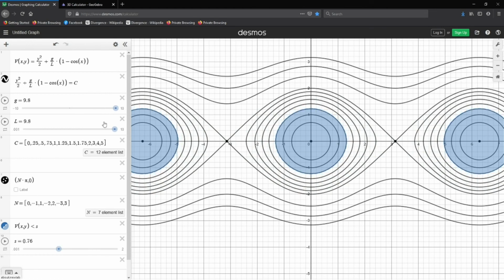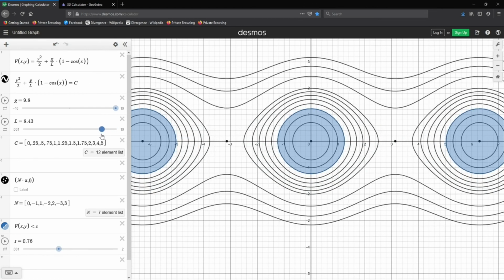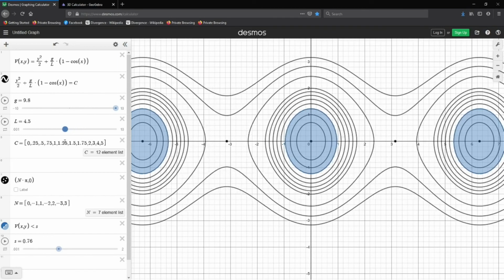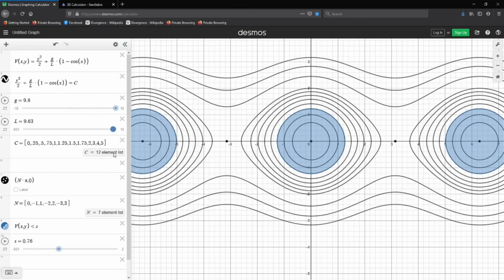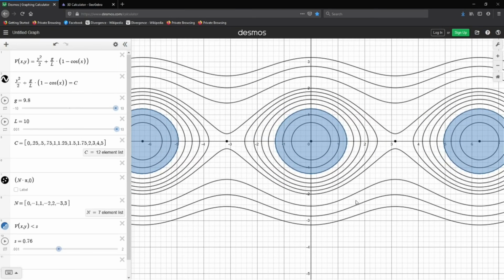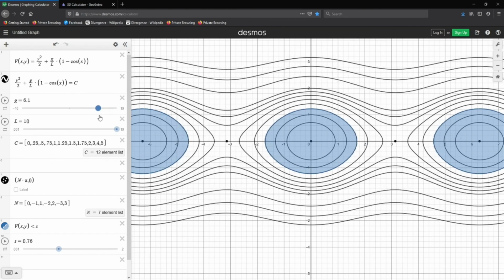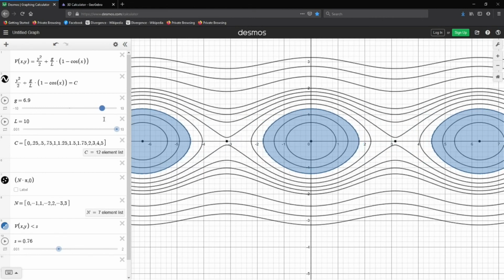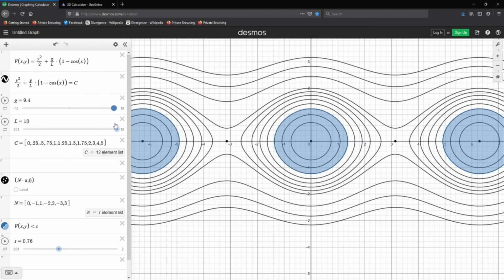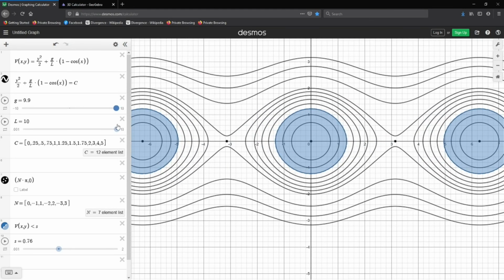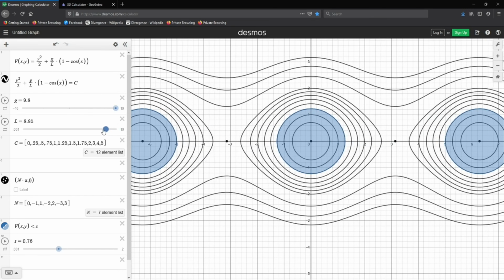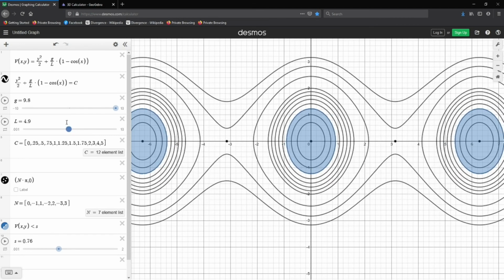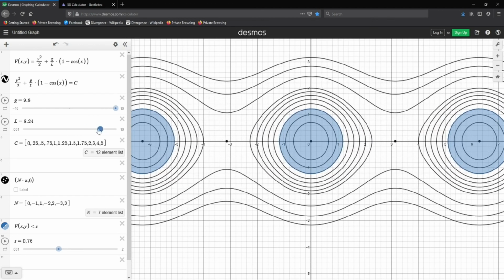And even if you change the values of g and L, these regions are going to shift. For various values of g and L, physically speaking on Earth, g would be 9.8, and L is the length of the bar, or the rod of the pendulum.